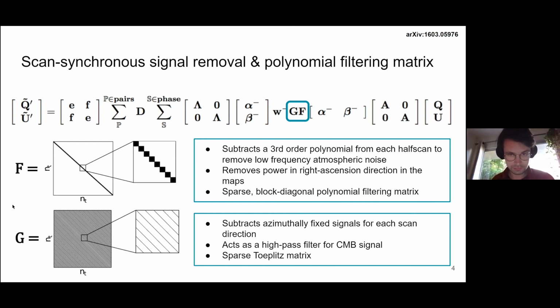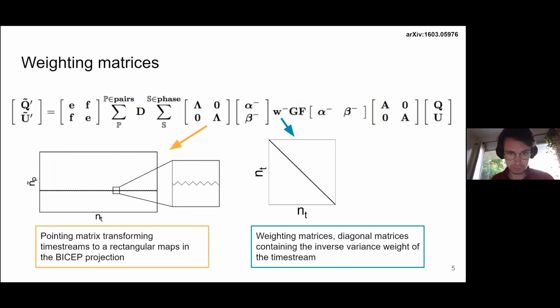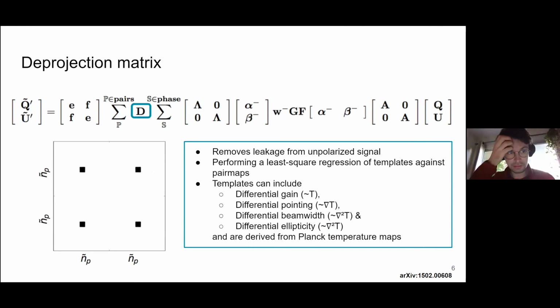And then the path basically follows the map making by weighting with the inverse variance of the time streams, and then depointing, projecting it back into a flat sky rectangular BICEP projection, on which this deprojection matrix then acts. It subtracts templates proportional to the Planck temperature measurement or first or second order derivatives thereof.